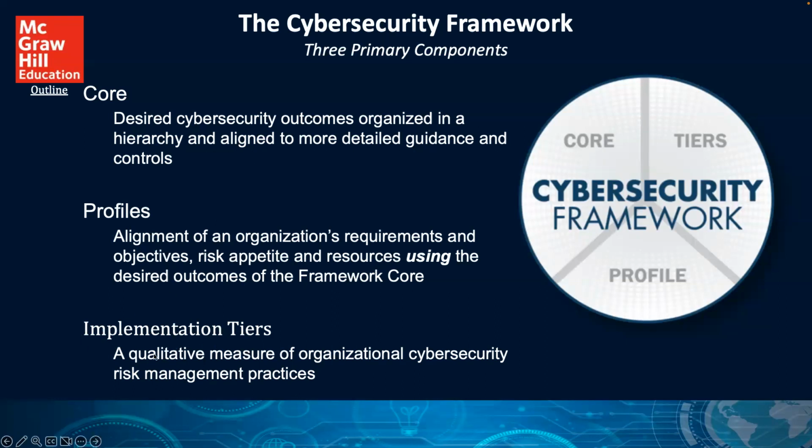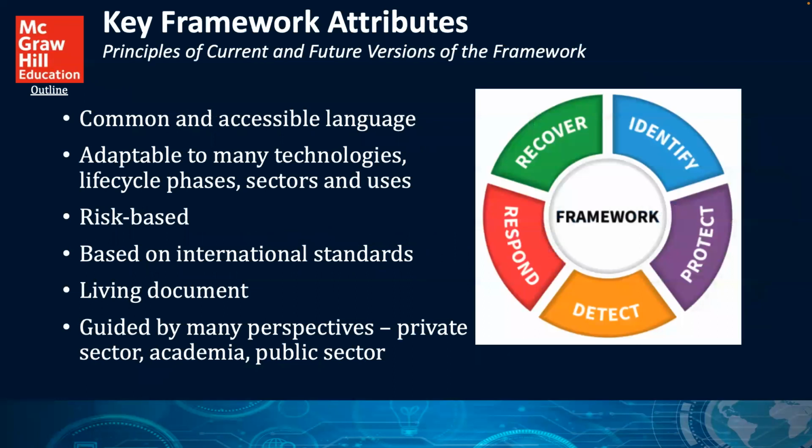For implementation tiers, these are qualitative measures of organizations' cybersecurity risk management practices. And so these are the kind of things that the company you're working for, or the folks in this course who are engineers, that you could be the one that would be involved with implementing. So what are the key framework attributes?